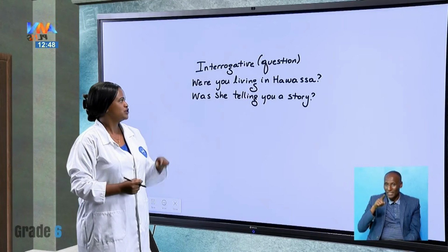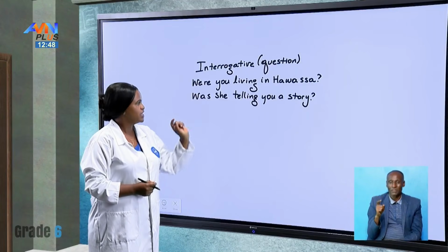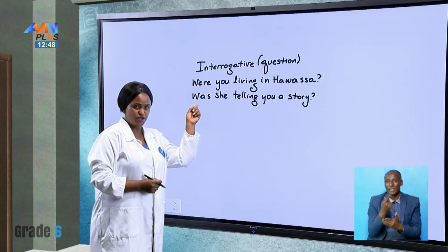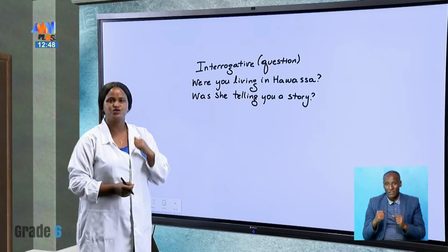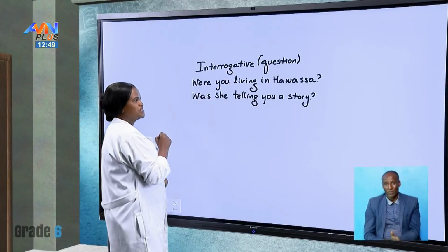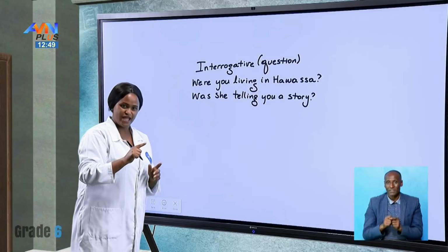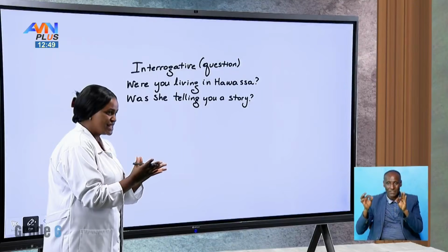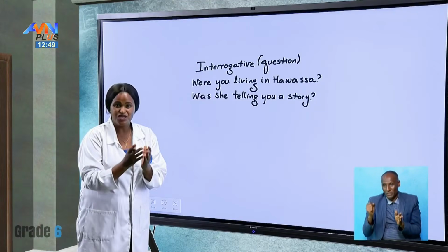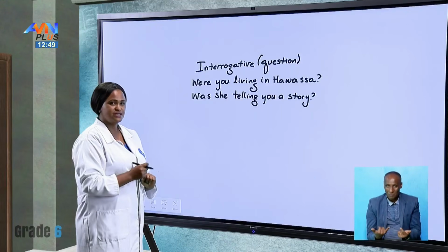Now we have seen two questions using the plural auxiliary were and the singular auxiliary was. Can you now bring out the form? Let's do it together. Okay, how do we start? It's unusual, by the way. Remember, on the positive and negative sentences, we were starting our sentence using what? Yes, using a subject. But this time, how do we start?